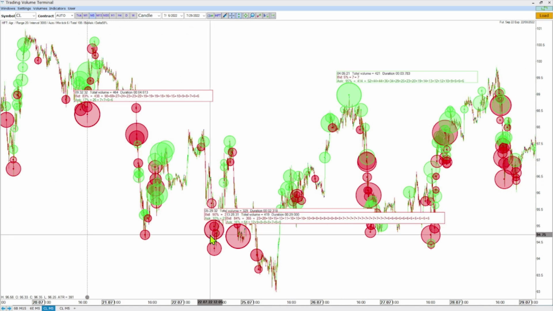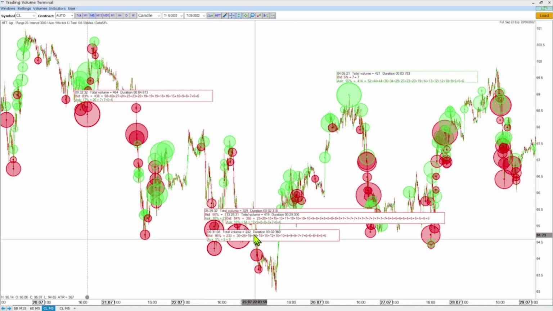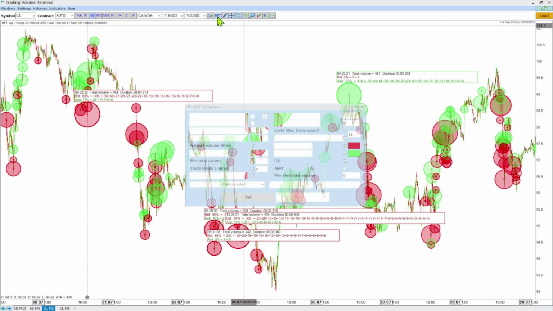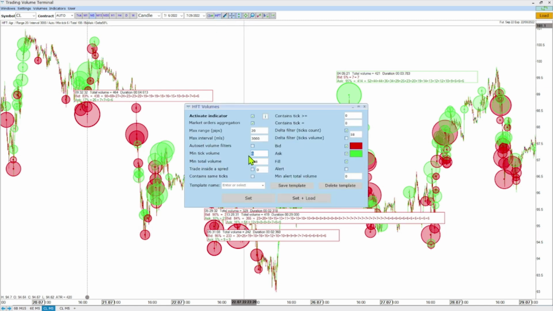The average volume which we want to be left on the chart is like 240 contracts, and the minimum tick must be 10 or 20 times lower than the total volume. So we can put here 12 contracts. Minimum tick volume 12 and minimum total volume 240.